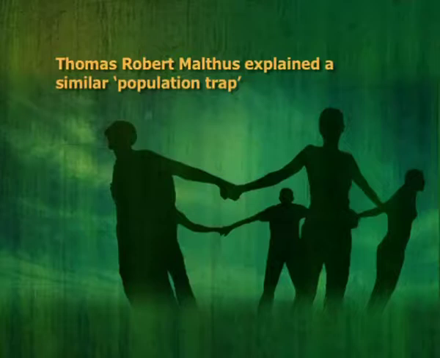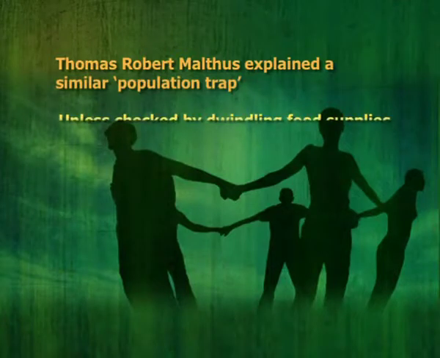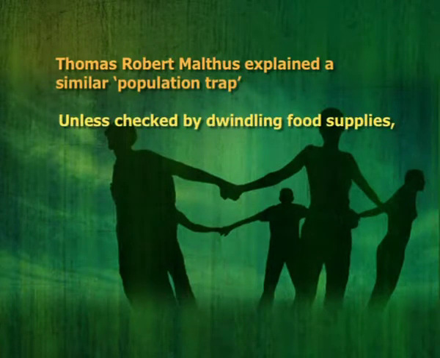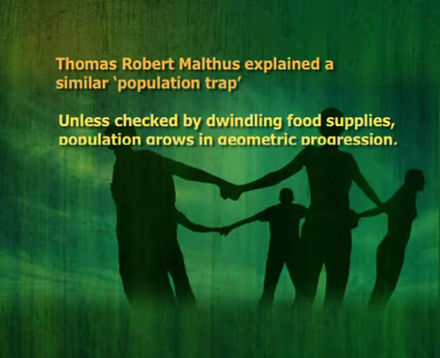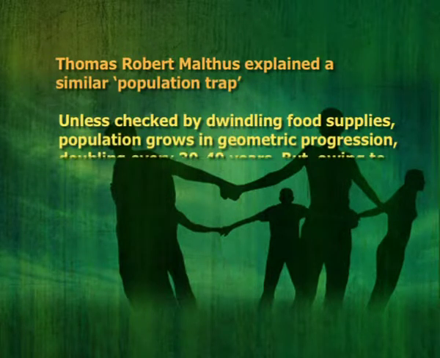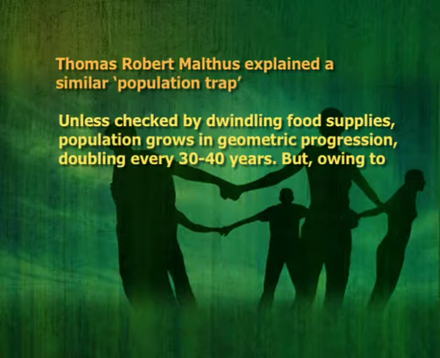Thomas Robert Malthus explained a similar population trap in 1789 where he postulated a universal tendency of population that, unless checked by dwindling food supplies, population grows in geometric progression, doubling every 30 to 40 years.